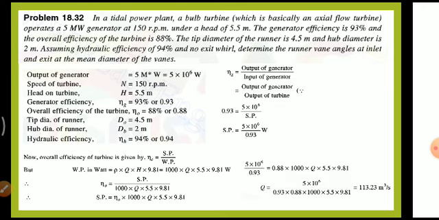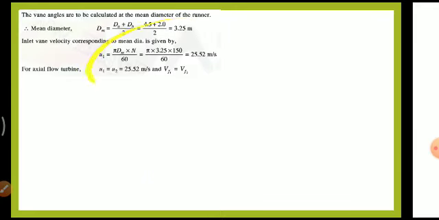If we get the value of Q, next we will be calculating the mean diameter and mean speed U1. The mean diameter can be calculated using the outer diameter and hub diameter, and based on the mean diameter we will calculate U1 and U2.